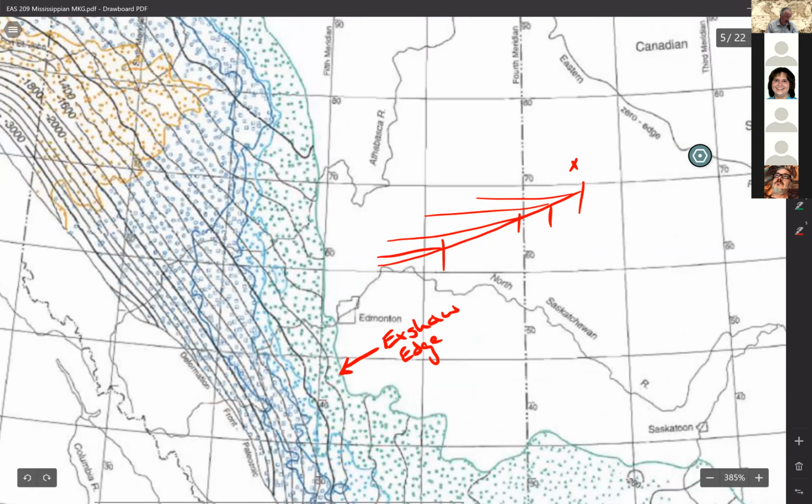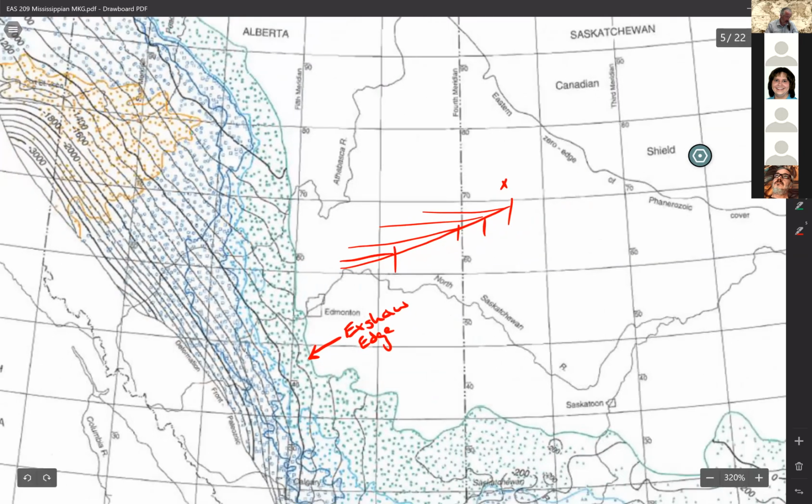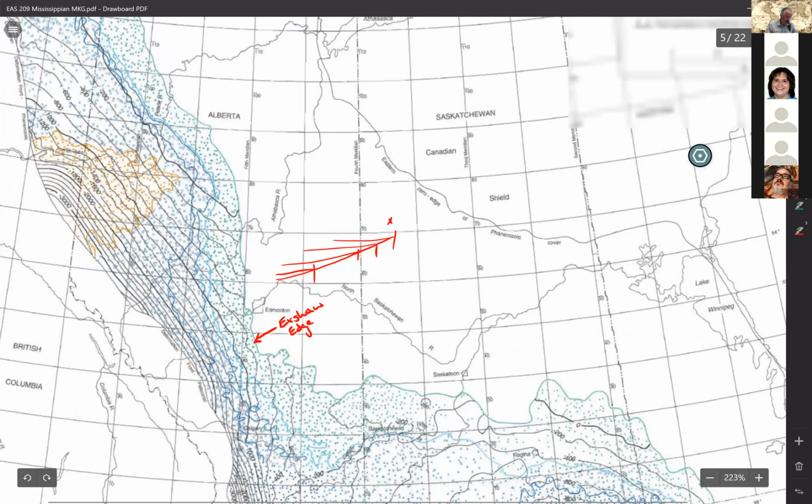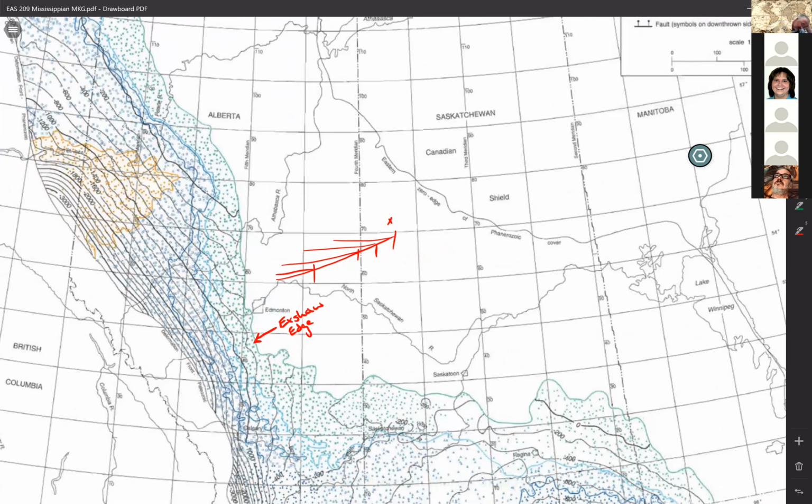And this map's quite nice because it shows you something conceptually that's really important. You have the base of the Mississippian here. That's the base of the Mississippian. And you have the top of the Mississippian over here. So this is older, younger, younger, and youngest, okay?